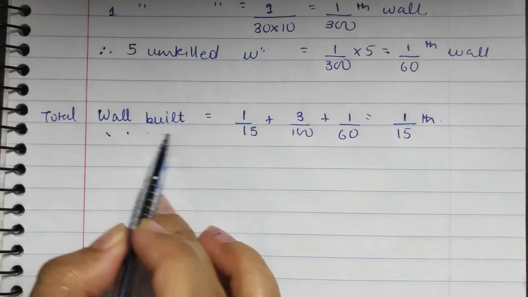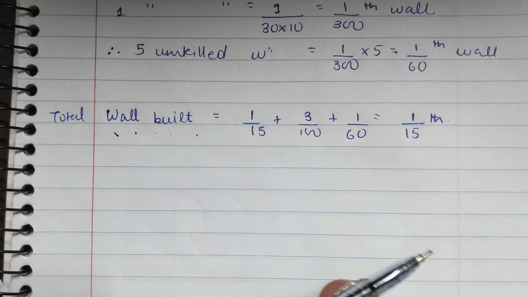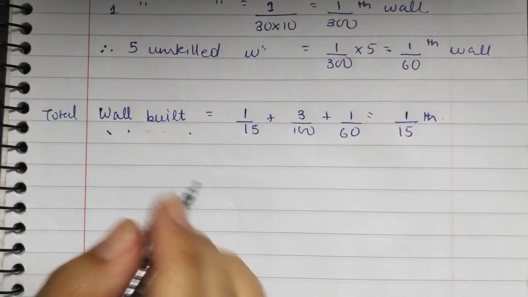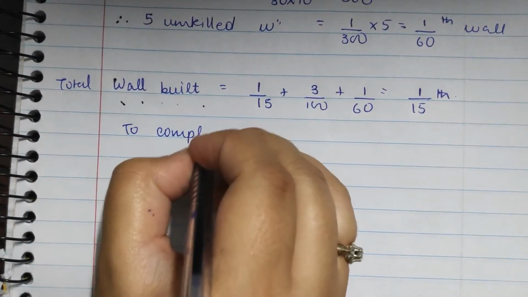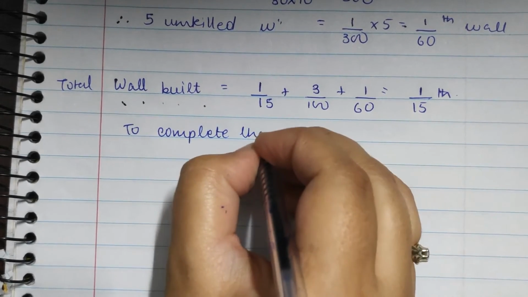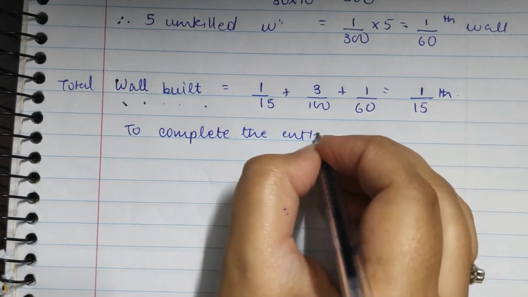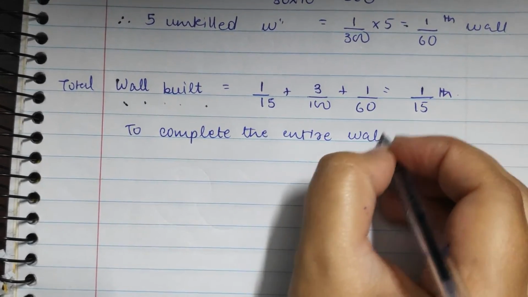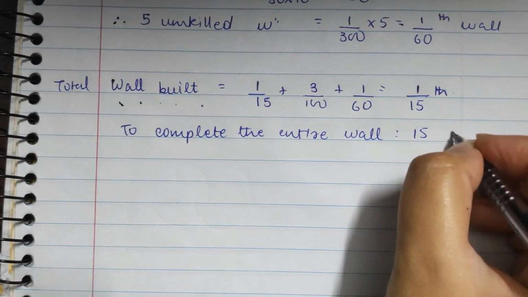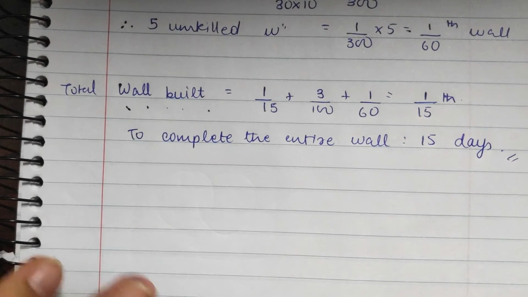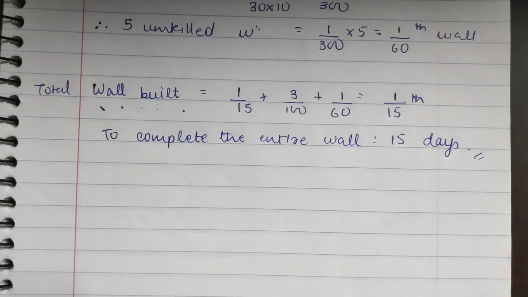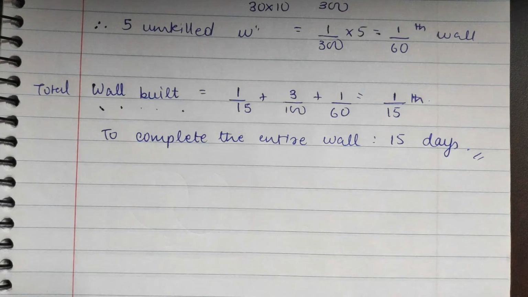So the total wall built is 1 by 15th in 1 day. Therefore, to complete the entire wall, you just reciprocate this, it will be 15 days. This is just a bit of a twisted question, so you just have to read the question, understand, and write down the details and the information provided, and it will become easier.